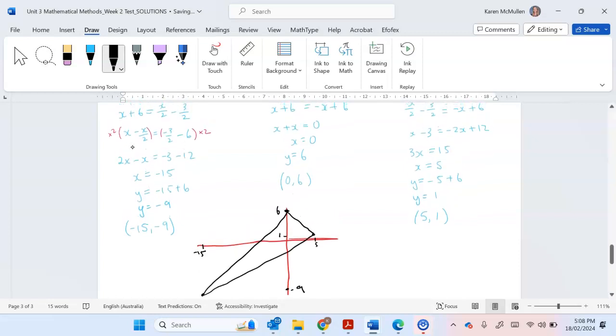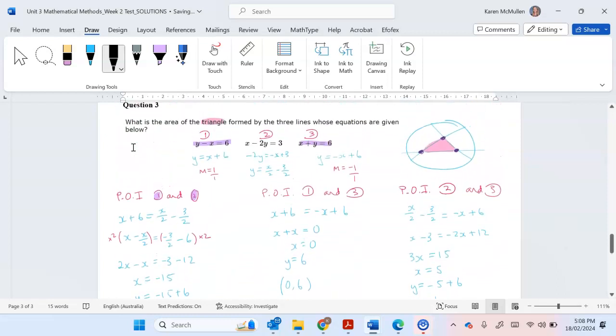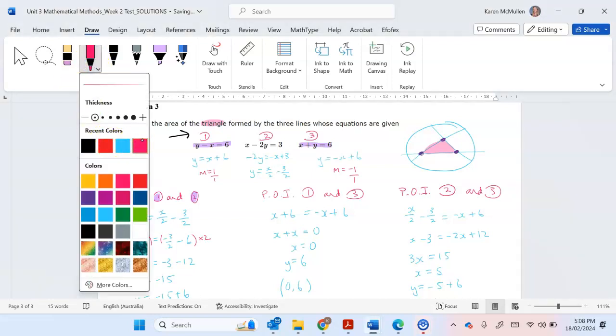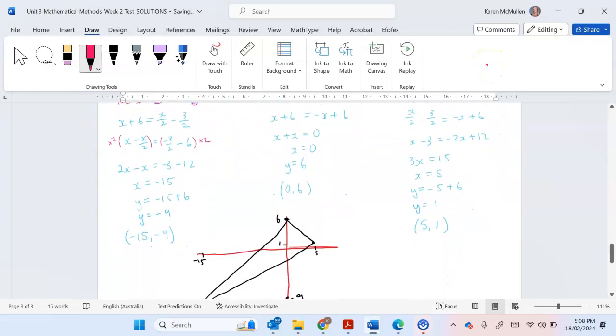Now, if you're wondering which line is which, remember I numbered them up here, up the top. So line 1 and line 3 both have a y-intercept of 6, so I can label them, and then that means the third one's going to be the other one. Okay, so line 1 has a positive gradient, goes through 6, so this is line 1, and then this is line 2, and this is line 3.